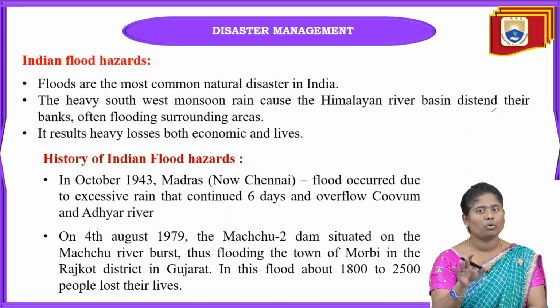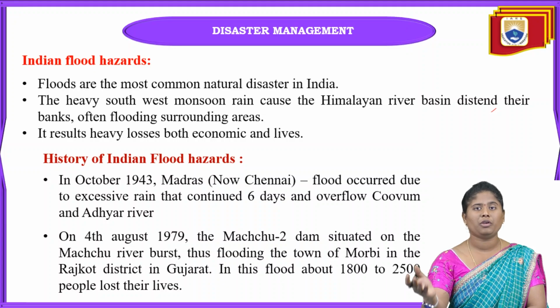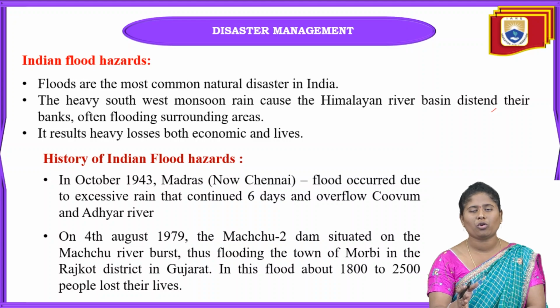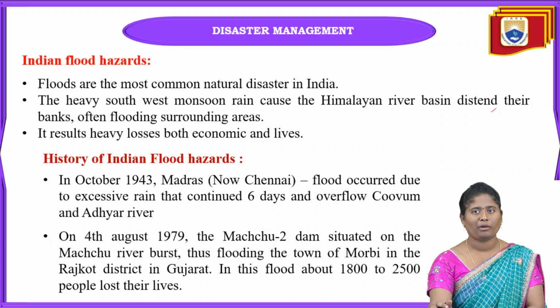Otherwise, if you keep storing water, because of the selfishness of some hydrology people who think we can store some water useful for the summer season, the dam is going to collapse. Likewise, this happened in the Machchhu dam also. When the dam suddenly collapsed, it took almost 1800 to 2500 people's lives.